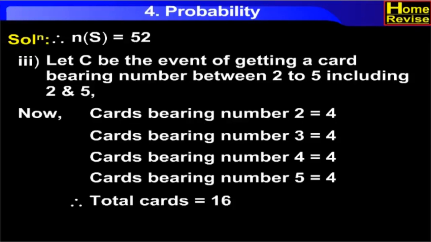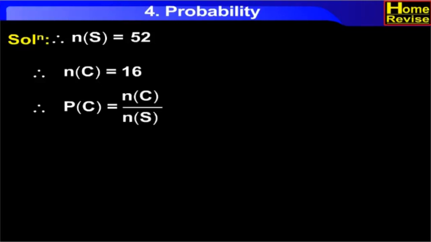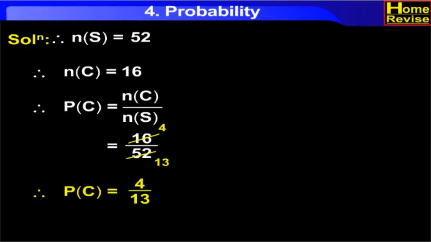Therefore, total cards is equal to 16. Therefore, n of C is equal to 16. Therefore, probability of C is equal to n of C upon n of S, which is equal to 16 upon 52. 4 fours are 16, 4 13s are 52. Therefore, probability of C is equal to 4 upon 13.